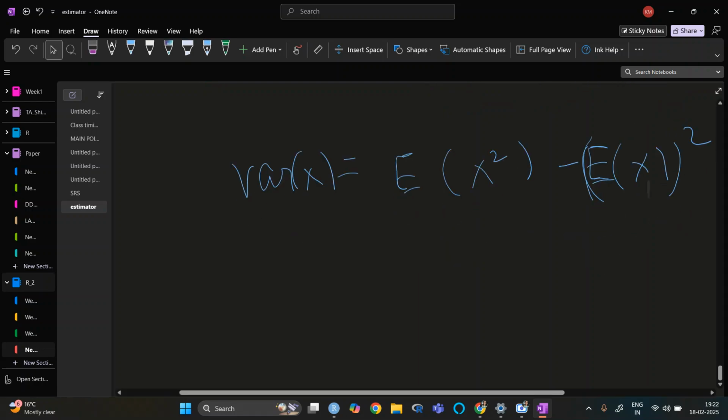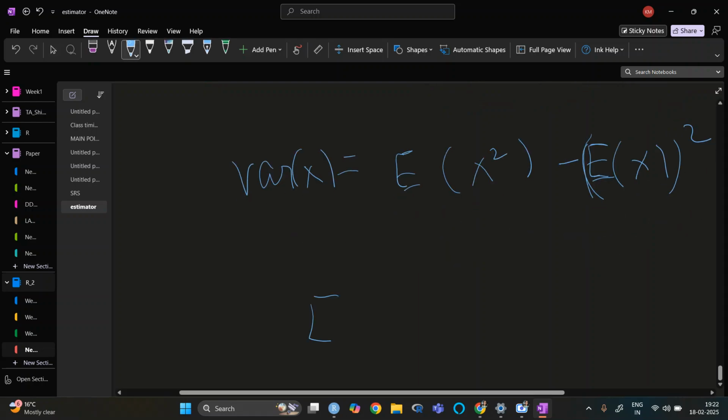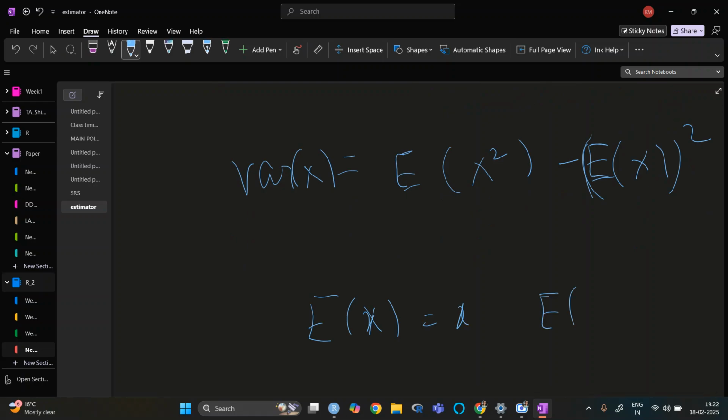So if expectation of x is x and expectation of x square is x square, then it will be x square minus x square, which is 0. That means variance of x would always be 0. It would never have any value, right?